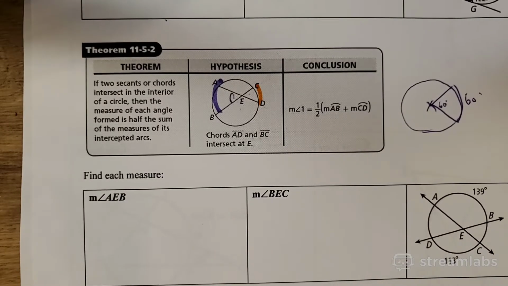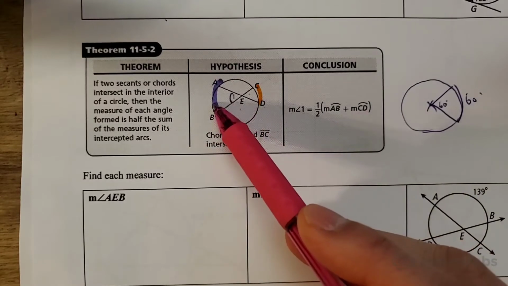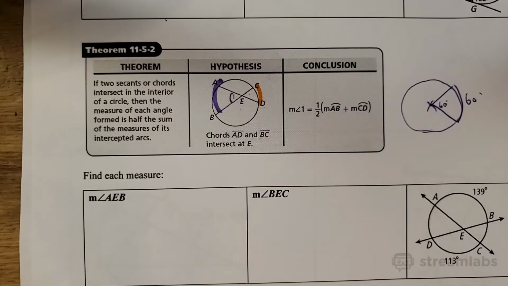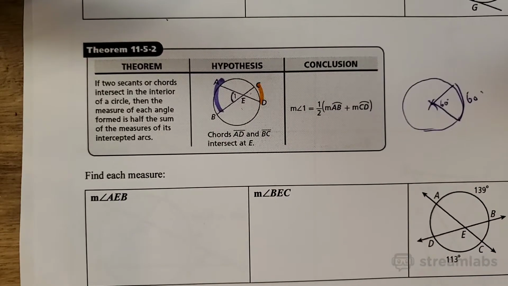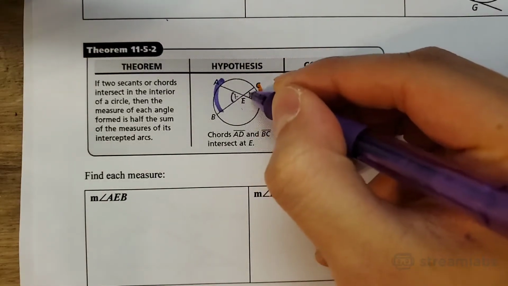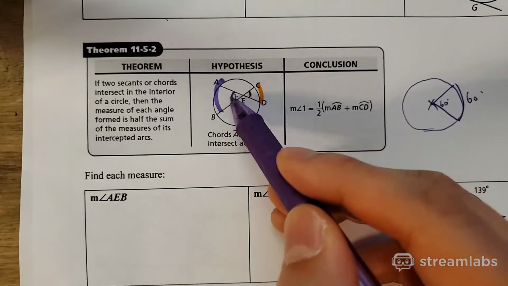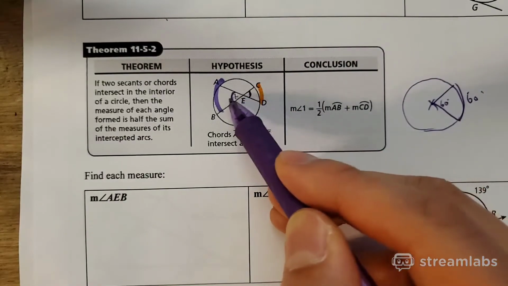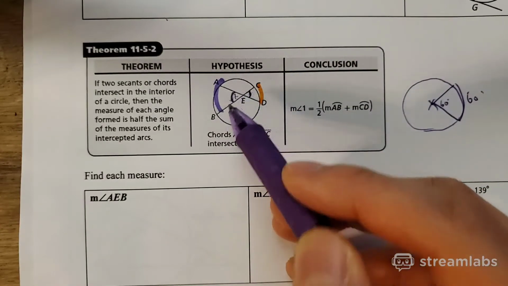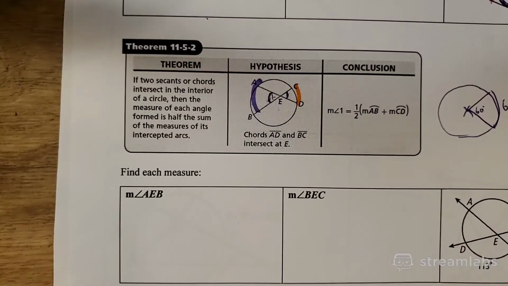So since these two arcs are different, when you're looking at this, you cannot just say this angle is the same as that arc. Why? Because what is the relation between these two angles, this one and this one? Vertical angles. Thank you, Jeremiah.